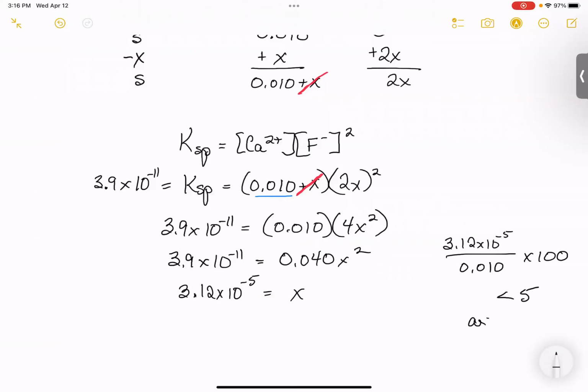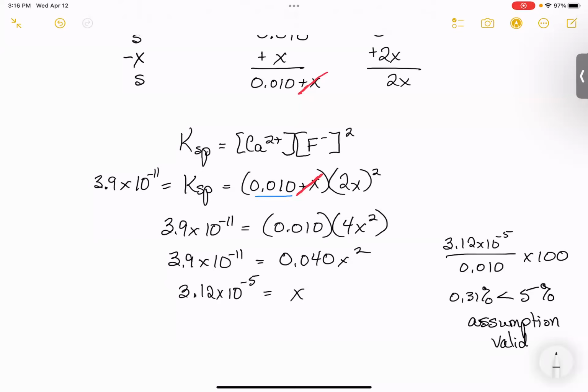So the assumption will be valid, because it's less than 5%. Actually, just to have it there, 0.31%, just so you have the value. So our assumption is valid, and that way it made our life a lot easier.